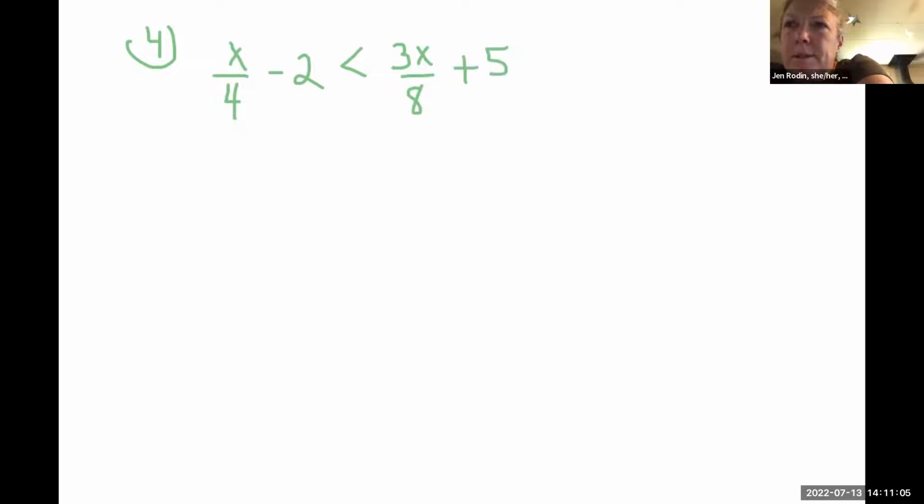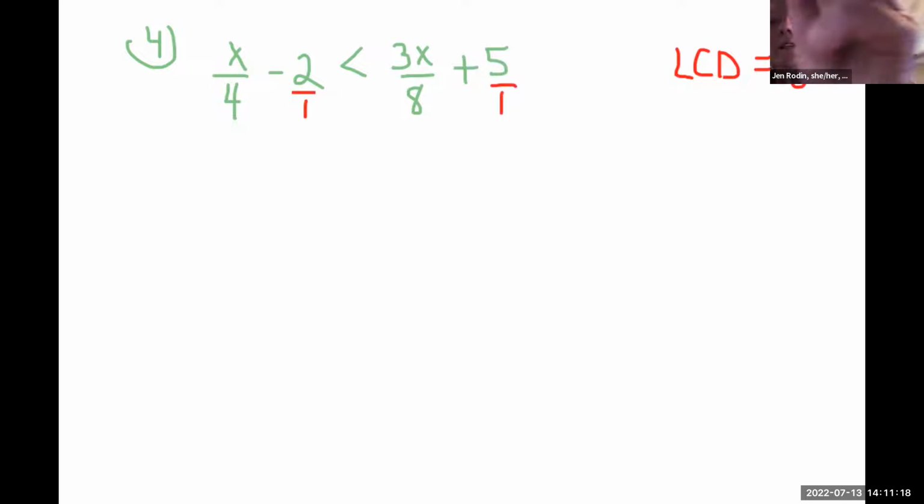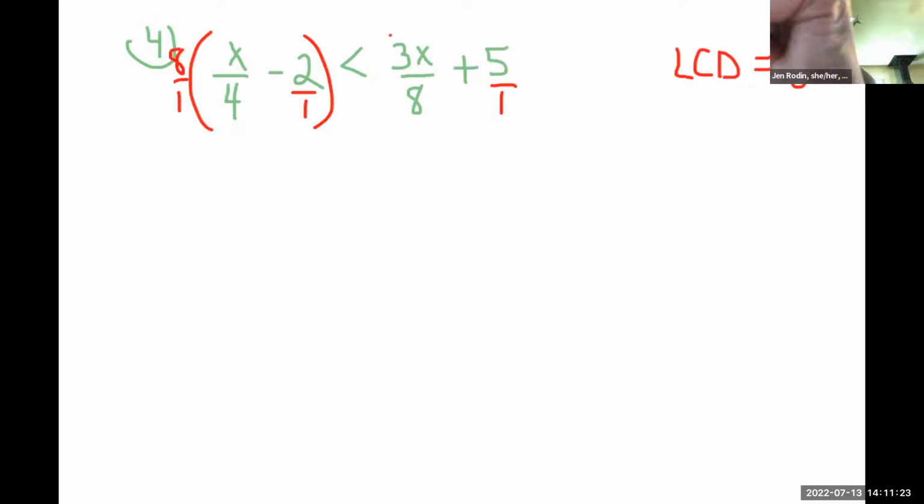There's a couple ways you could do this one. I recommend, though, the same way we did when solving equations. The least common denominator is 8. So let's just multiply 8 over 1 times every single term to simplify this down.